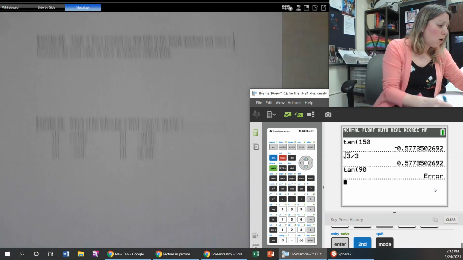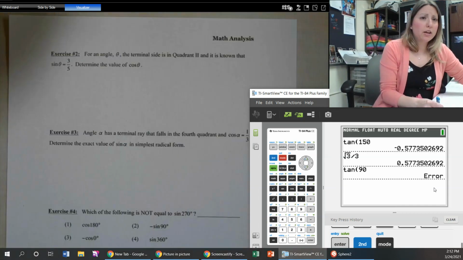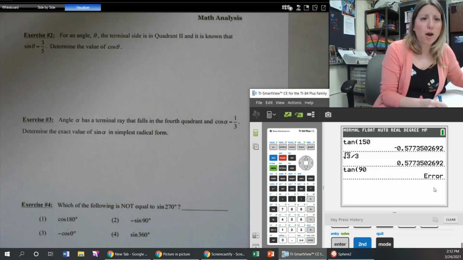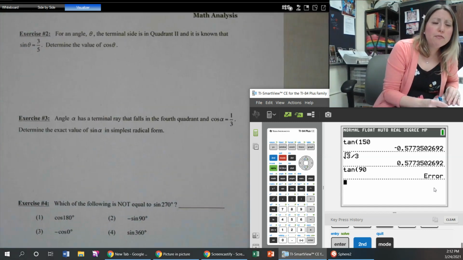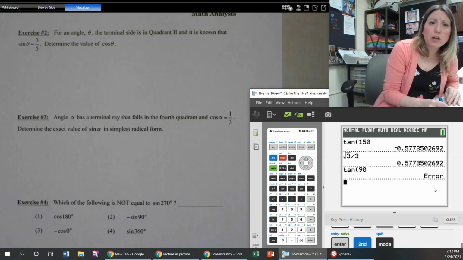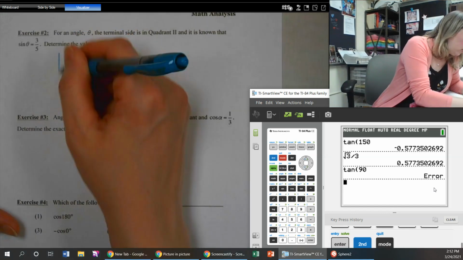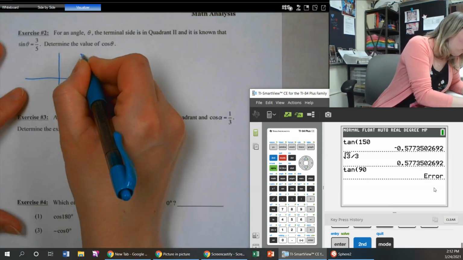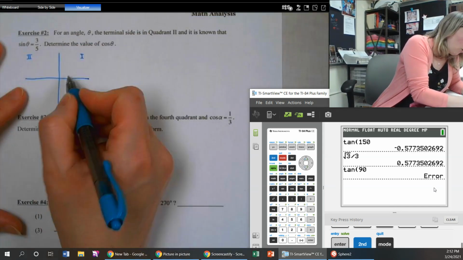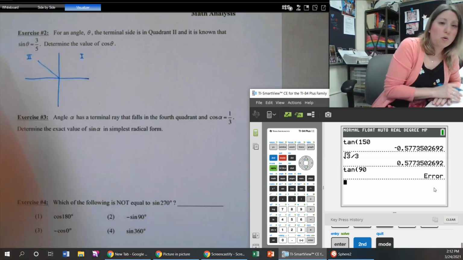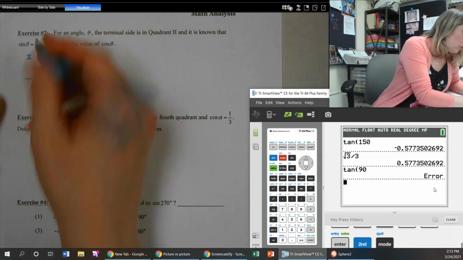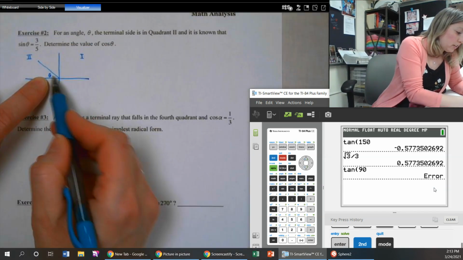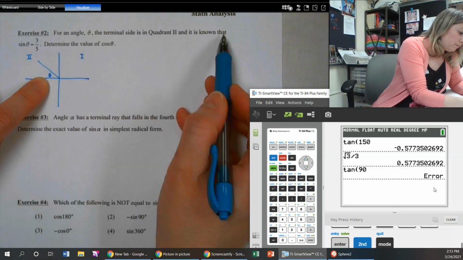So now what we really use this for is these a little bit more complex trig word problems, okay? So if we have an angle theta, the terminal side is in quadrant 2. So what I like to do when I hear these is I like to sketch. So here's quadrant 1, here's quadrant 2. So we say the angle has a terminal side in quadrant 2. Okay, so that's where it is. And that means that theta is right here because it's going to be this reference angle, right?